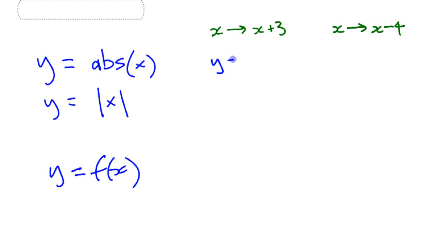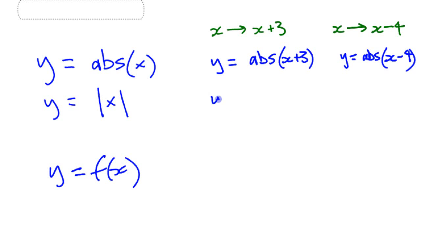Well, that function, you just write it as absolute value of x plus 3, or y equals absolute value of x minus 4, if you're writing it with those straight line absolute value brackets.